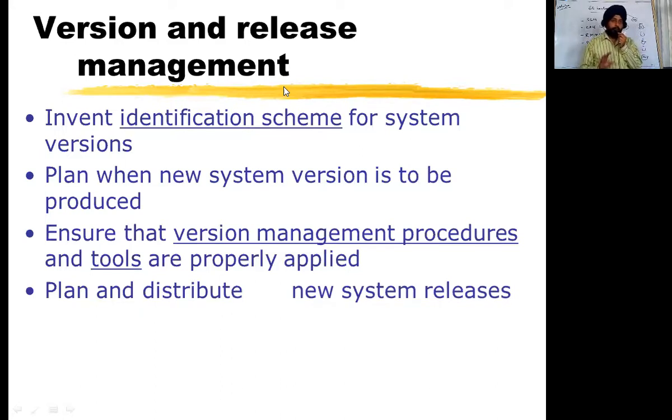Plan when a new system version is to be produced, then ensure that version management procedures and tools are properly applied from time to time, and plan and distribute new system releases. So we have to release that particular version at a particular moment, but a proper plan has to be made. If you have to launch your product in new versions, proper planning and proper identification is needed. Next.